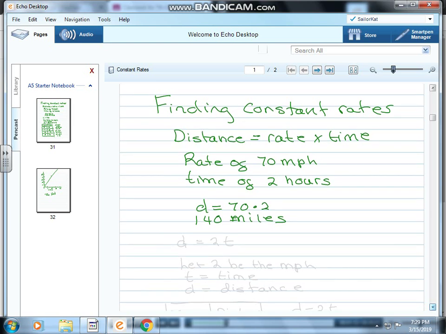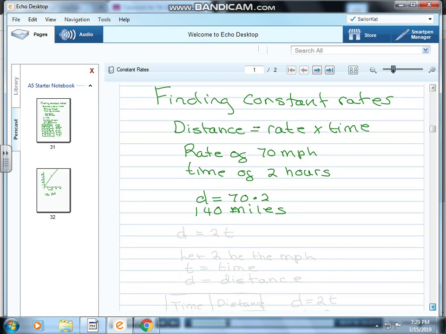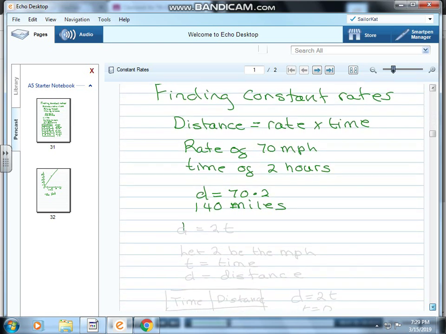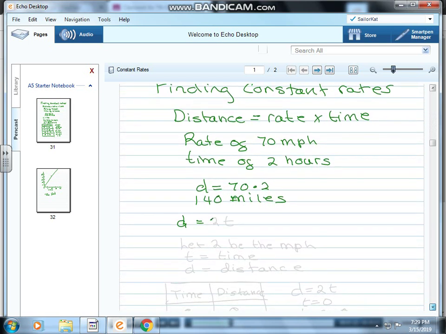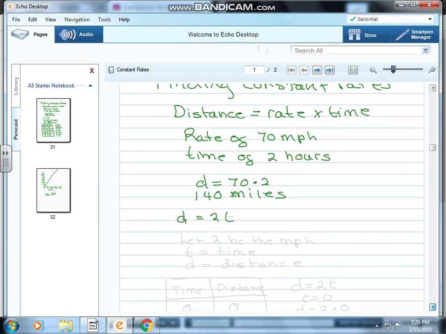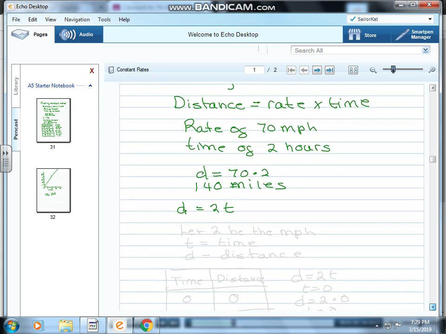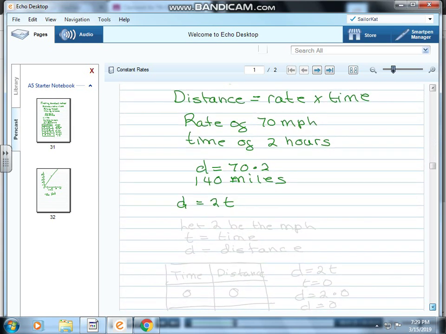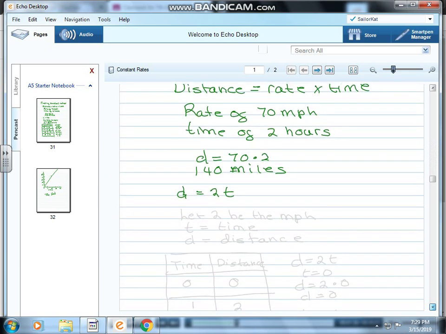So if you're asked to do a table and you're given an equation where distance is equal to 2 times t, let's say that somebody is going 2 miles per hour, maybe a jogger or somebody that fast.